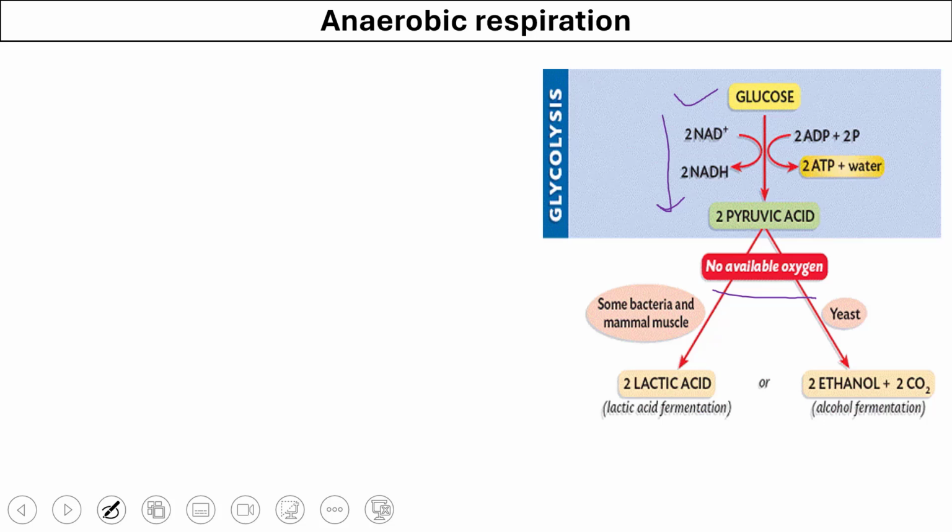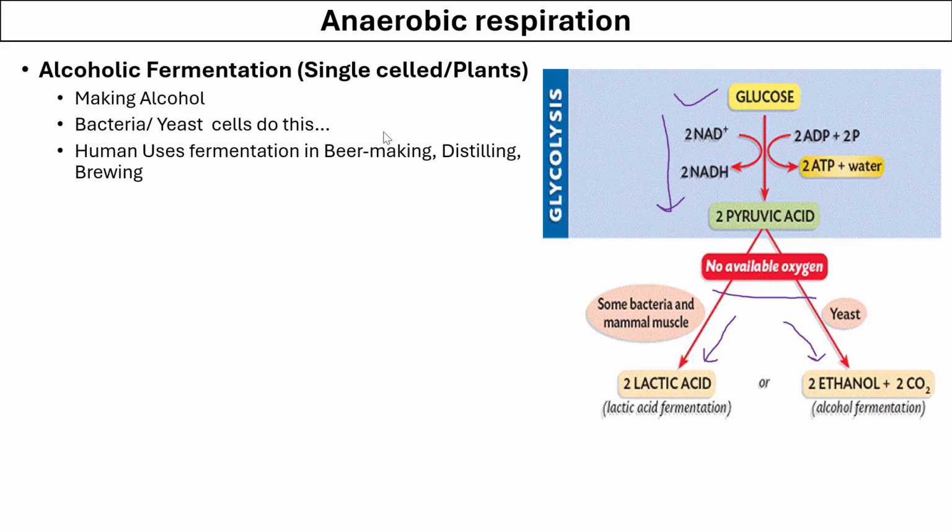That is called fermentation. The fermentation can be of 2 types depending on the end product from pyruvic acid. You can have the formation of lactic acid, or you can have the formation of ethanol and carbon dioxide. Thus, depending on the byproducts, the fermentation can be of 2 kinds.